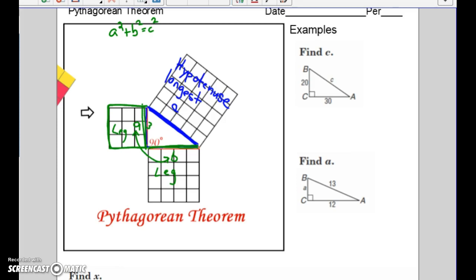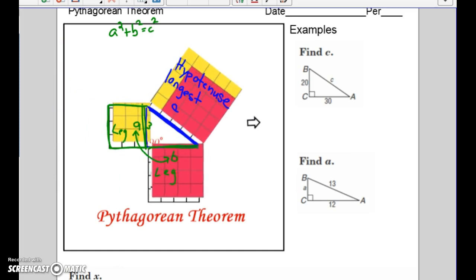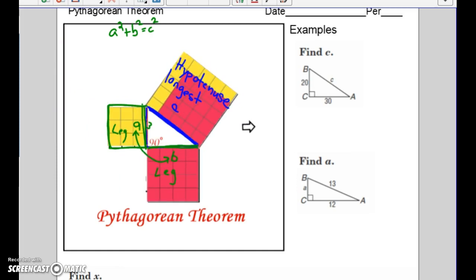Okay, here's a visual. Are you ready? So if these squares, I put right here, and these squares right here are right there, I have the same number of squares, so my picture in the middle is going to make a right triangle. If I have not enough squares, I'm going to have an acute triangle. And if I have too many squares, I'm going to have an obtuse triangle.